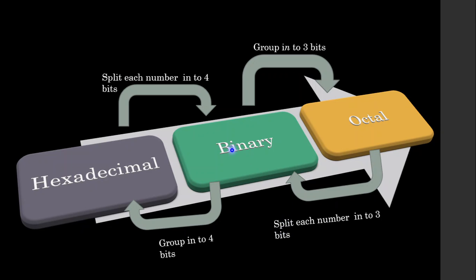Likewise, when you want to convert a binary number to a hexadecimal number, we have to group the binary digits in terms of 4. And likewise, when you want to convert a hexadecimal number into a binary number, for each hexadecimal digit we have to write 4 bits of binary. So this is how the conversion takes place between binary, octal and hexa numbers.